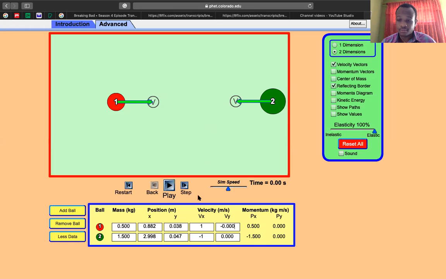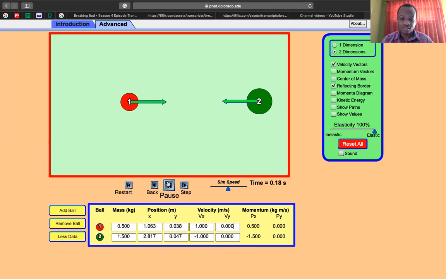Oh, you're correct, because we have negative one. Let me just write that down: negative one before the collision. They're moving in opposite directions. That's why we have a negative here, right?